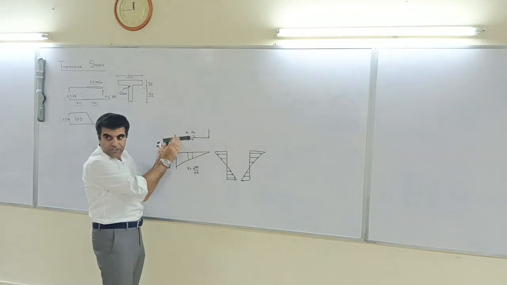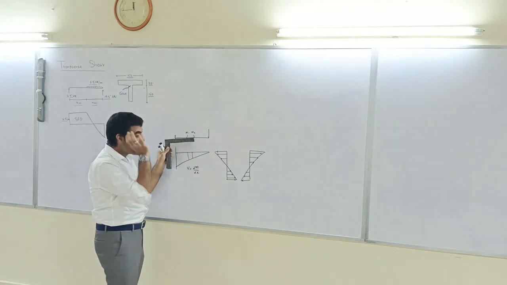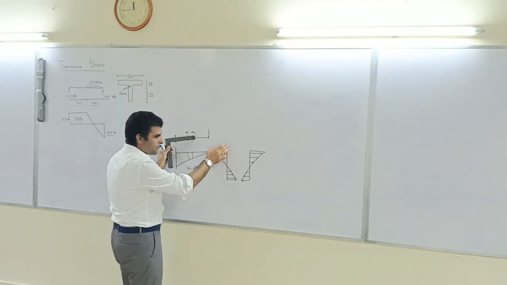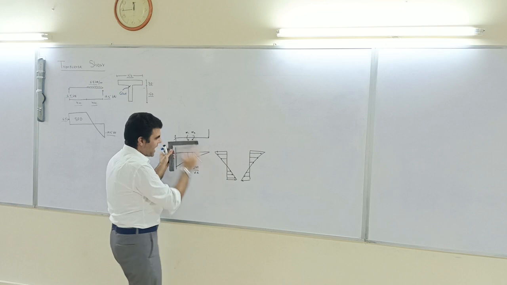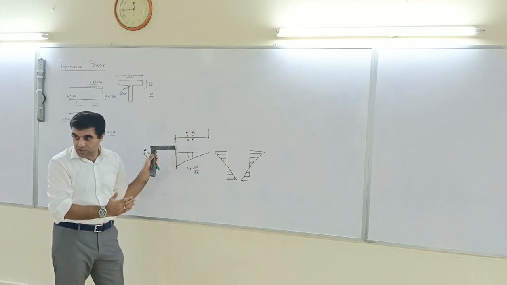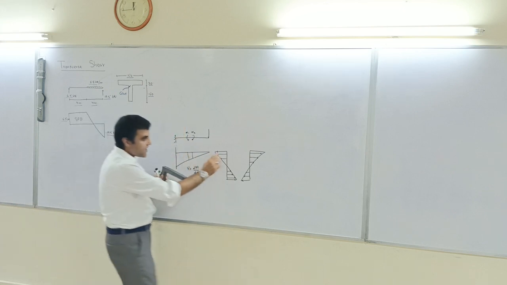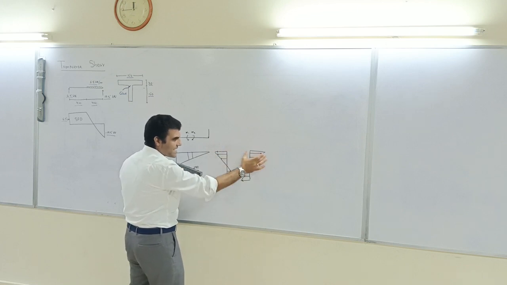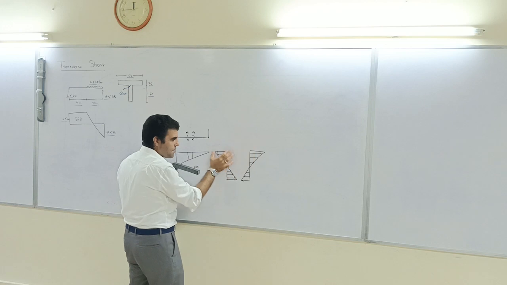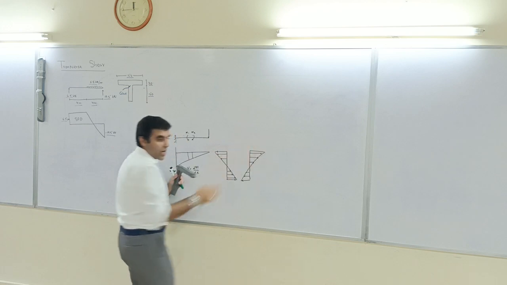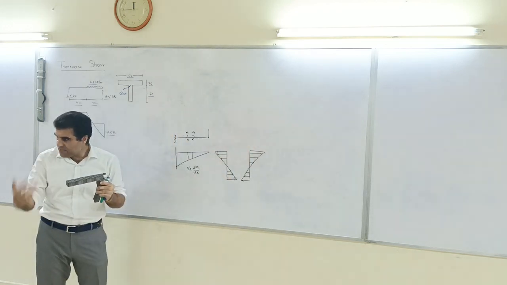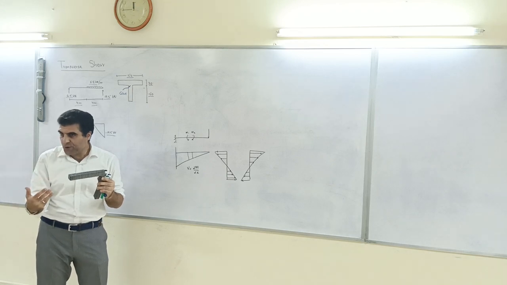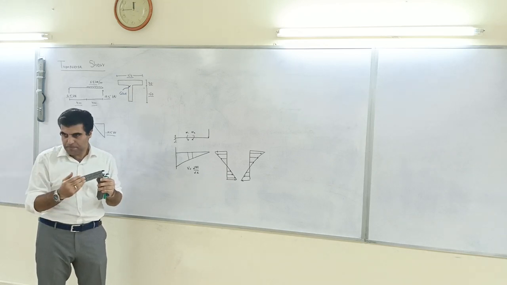In between these two points the moment is changing, and so this is the moment profile at a particular cross section. Since this moment is changing, if you subtract one force from the other, you will get some resultant force, and that resultant force is your shear.